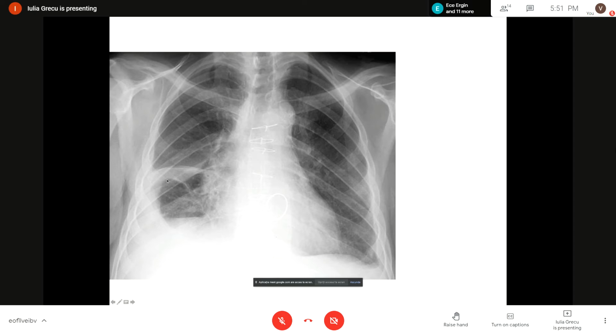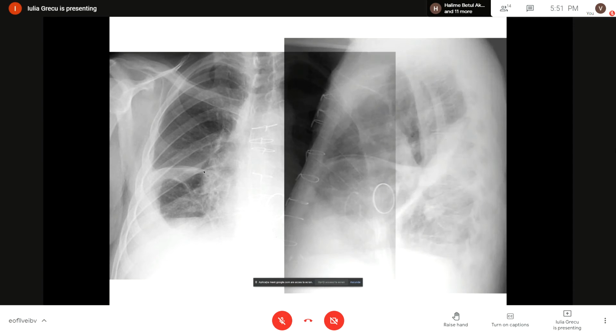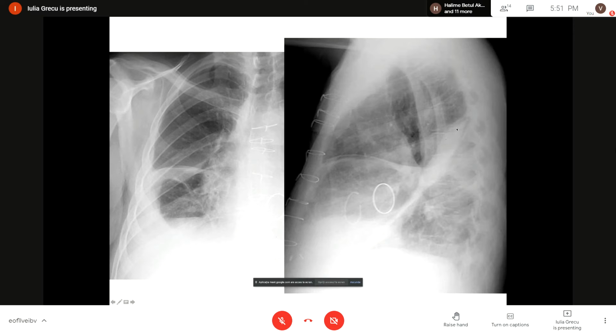You get another opacity that is projected somewhere along the fissure of the lung that we confirm on the lateral view, that is situated both on the major fissure and also on the minor horizontal fissure.